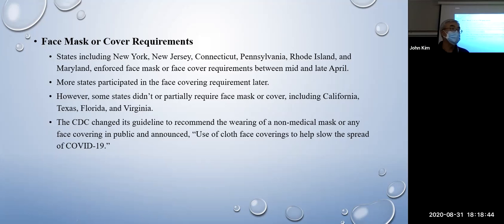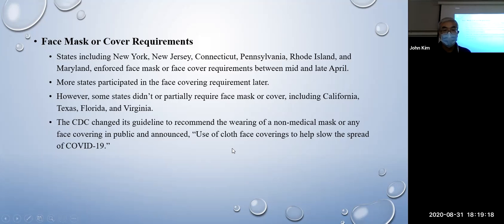Still, at that time, face mask was not a statewide requirement, partially or none. But at the end of May, the Virginia governor required it, and from the 1st of June, Virginia required face masks.